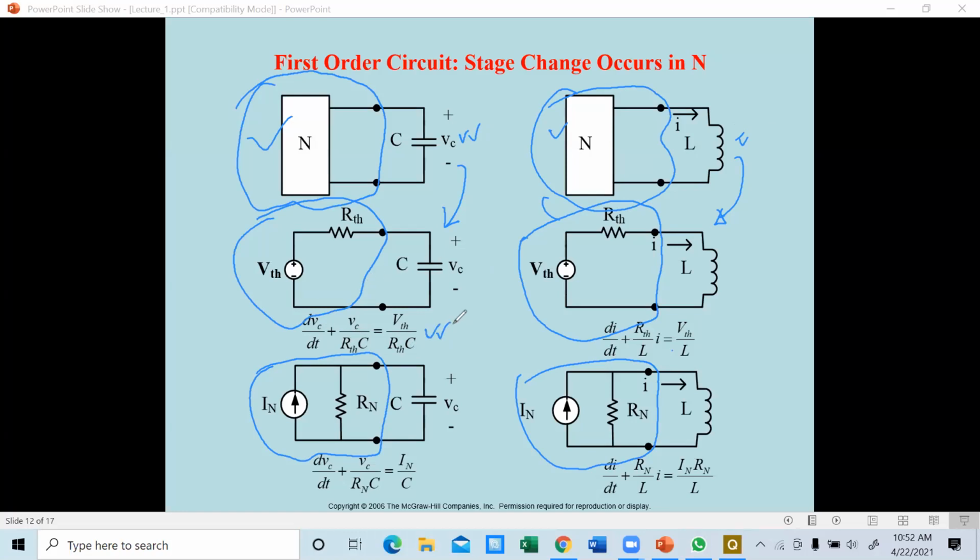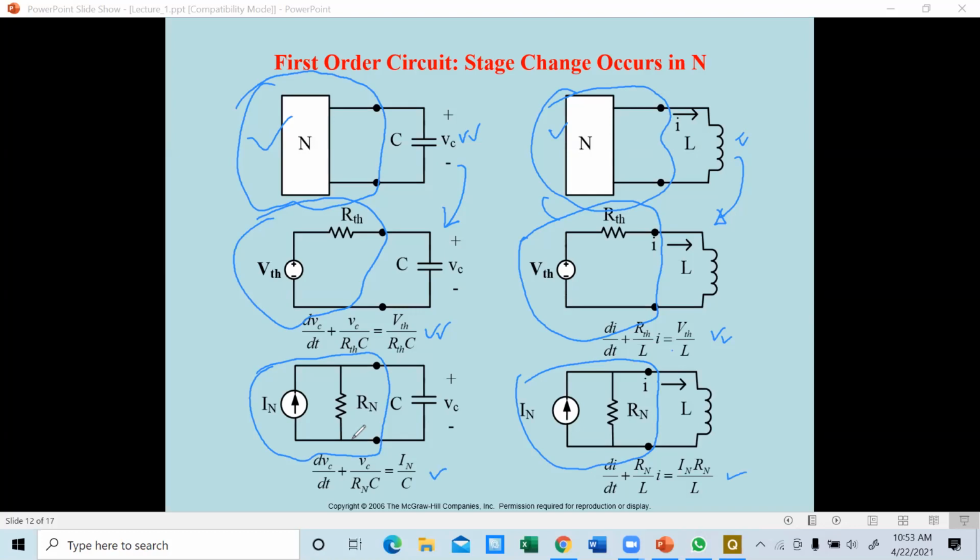This is the equation for your capacitive case. This is the equation for your inductive case. I hope you can derive and verify it. So this is one equation, and this is another equation. If we go to the Norton equivalent, then the corresponding equation will be this. This needs only first year knowledge to derive.